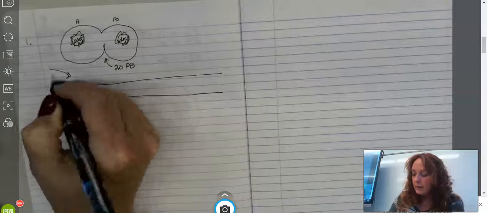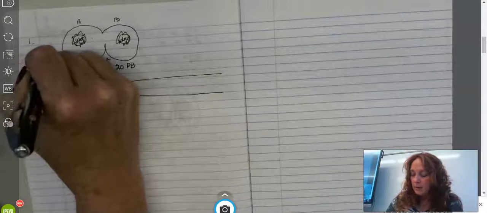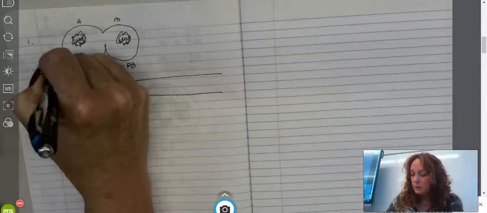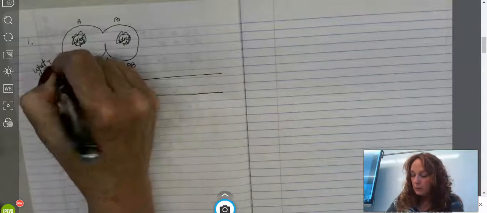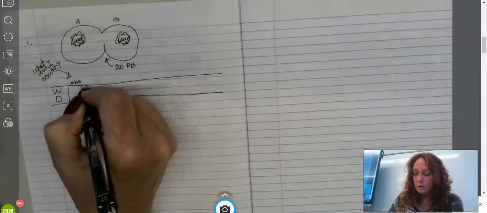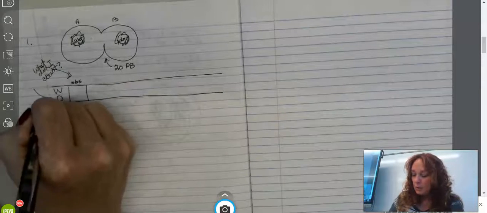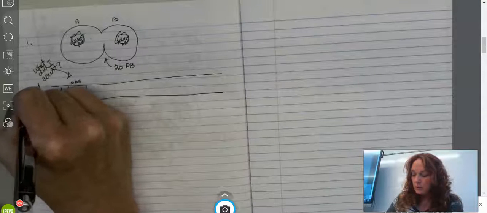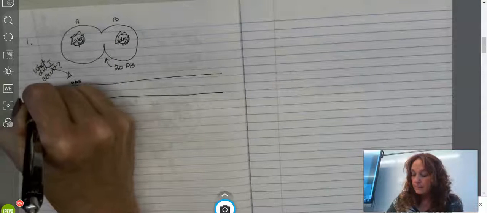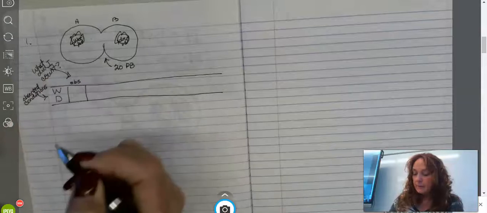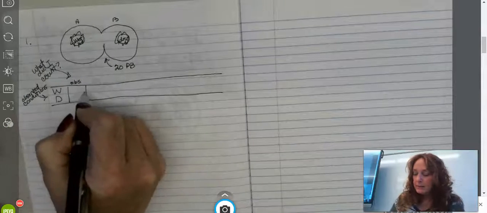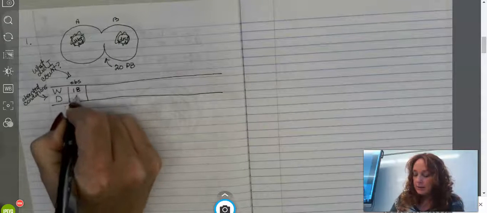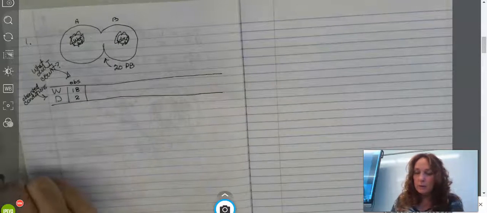You always want to think about this as what did I count? So you count numbers and you observe. And then here, this is your observed conditions. And that becomes your categories. So they said on the wet side that they had 18, and on the dry side, they had 2.